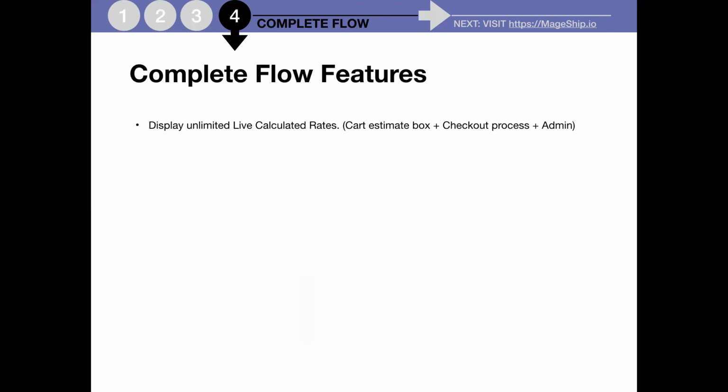I will quickly recap the complete flow of features that MageShip will bring to your website. So number one, you will be able to display unlimited live calculated rates in the cart, checkout process, and admin section as well, where your Magento administrator is able to create an order and get the same live shipping rates as your customers can on the front end.